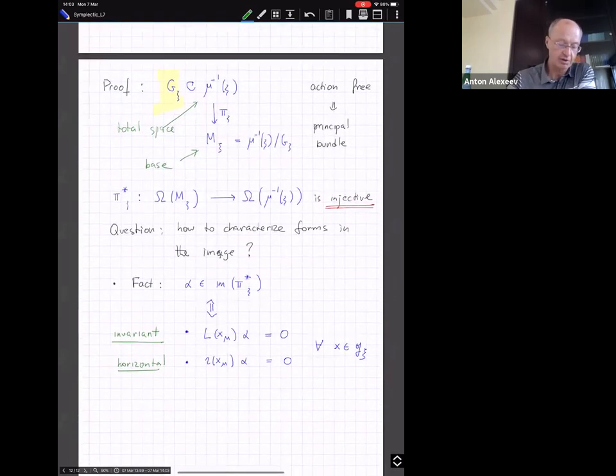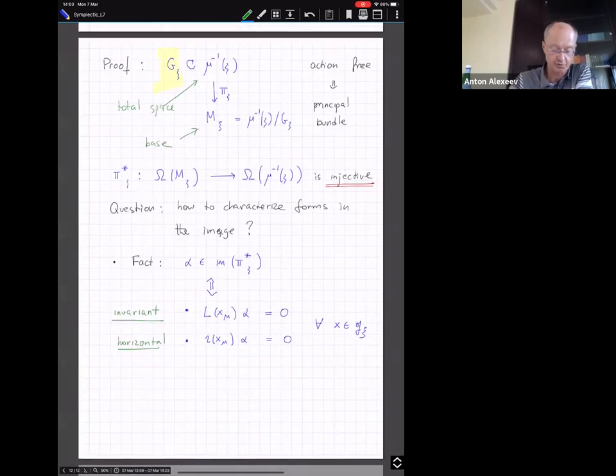Basically now, in order to prove the existence of a two form, we need to take the restriction of omega to the level set. I should restrict it to the level set, and I should check those two conditions.